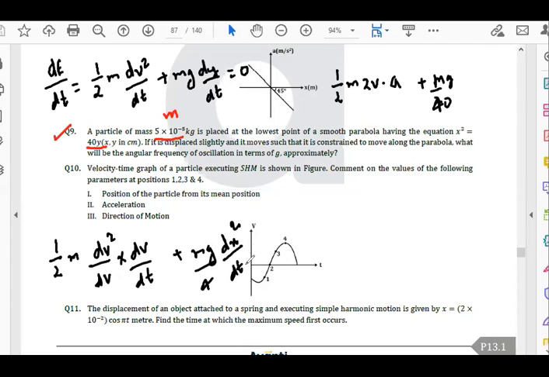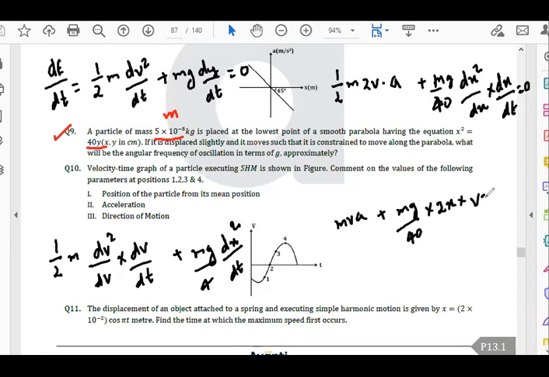Now d(x square) by dt is what? d(x square) by dx into dx by dt, is equal to 0. So it will be m v a, 2 will get cancelled, plus mg by 40 into 2x into dx by dt, which is v, is equal to 0. Yes or no? So v will get cancelled.